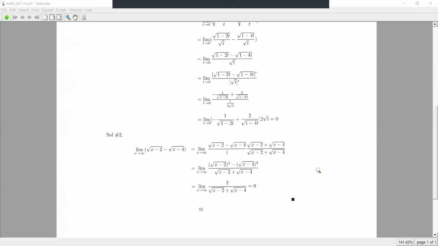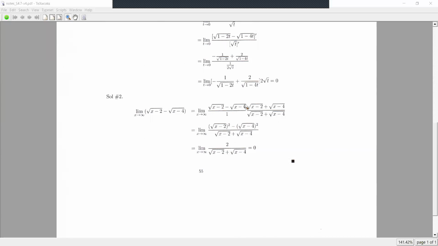Now, numerator times numerator, a minus b times a plus b by the formula is a squared minus b squared. Denominator 1 times the denominator, so we get this.